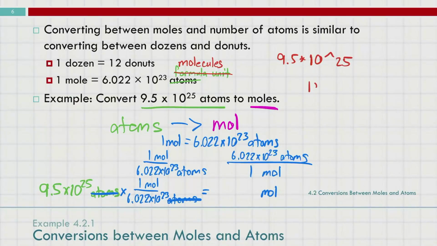That key might be 10 with a little box on it. And it might show up with this little caret, or it'll be the 25 up there instead. Using that same strategy, we would hit our divide key, and then we need to use open parentheses. So start a set of parentheses, and we put in 6.022 with our little asterisk. 6.022 times 10 to the 23, optional close parentheses. This will get you the correct answer.